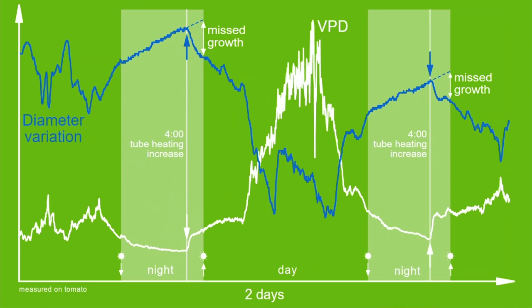On the other hand, if the crop is way too generative and you want a more relaxed crop, you can also say, I want a little bit of extra growth. What you can do is put on your tube heating a little bit later, enabling the plant to have extra recovery this night, and also steering the plant more vegetatively.